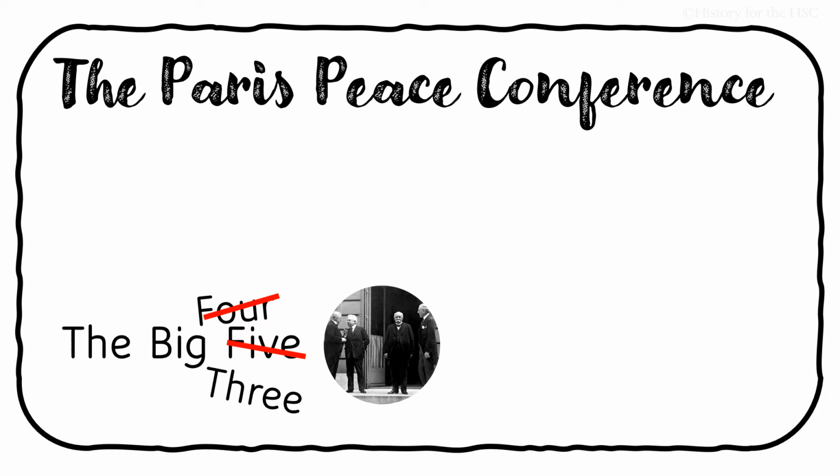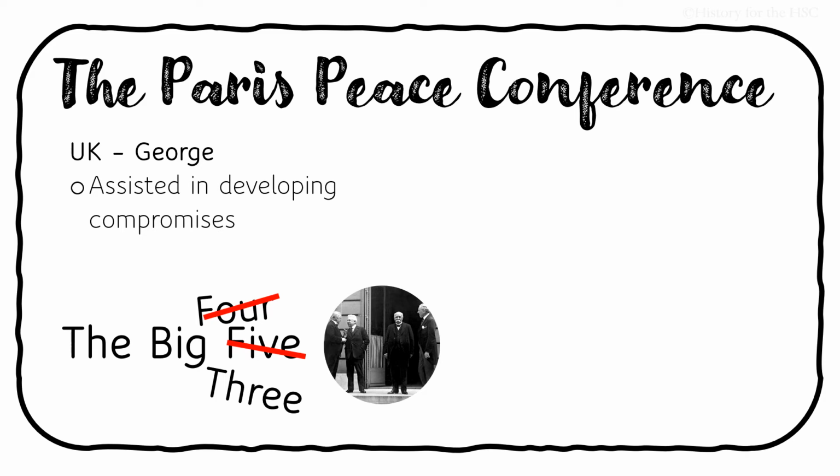And the man who would work out many of these compromises was the British Prime Minister, Lloyd George. George sought a middle ground, not treating the Germans or the other ones they had fought as harshly as the French wanted, nor as easily as the Americans wanted.